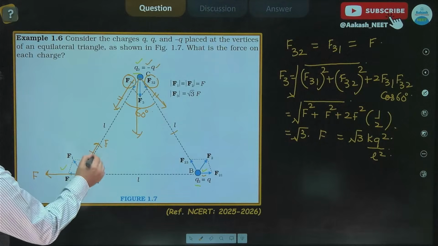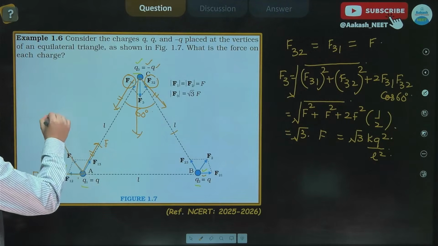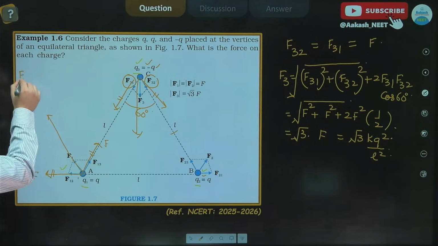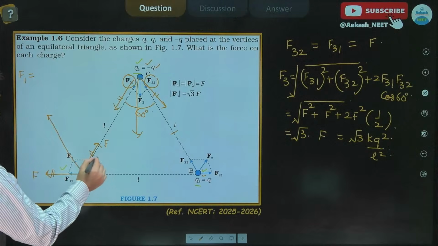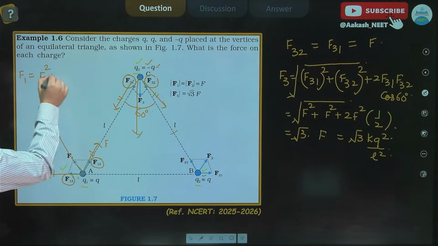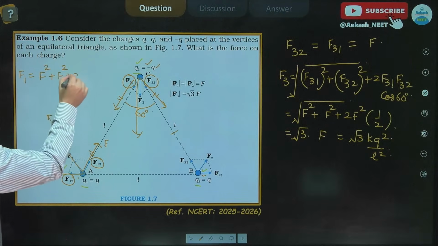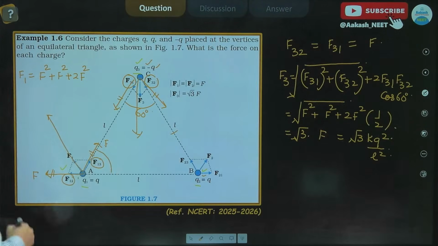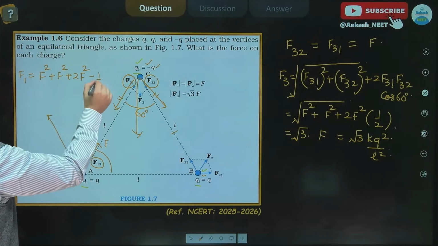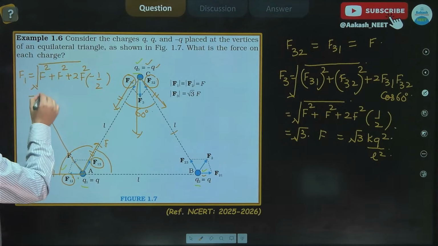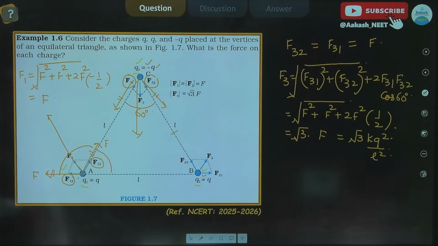The resultant of these two will be somewhere here, and it is labeled as F1. F1 is the resultant of the forces F13 and F12, so it is F square plus F square plus 2F square cos 120. Because this is an equilateral triangle, this angle is 60, so this angle is 120. Cos 120 is minus 1 by 2, and when you solve it, it comes out to be F only.